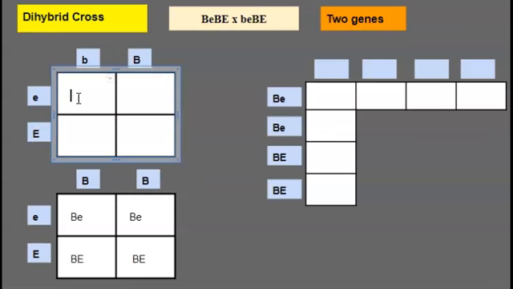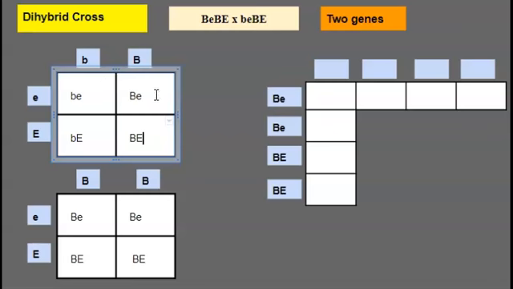Okay, so now bring what's on top down. We have little b, bring the E over, little e. We'll bring the big B down. We have big B, and we have a little e. Down here we have little b, big E, and then a capital B and a capital E.